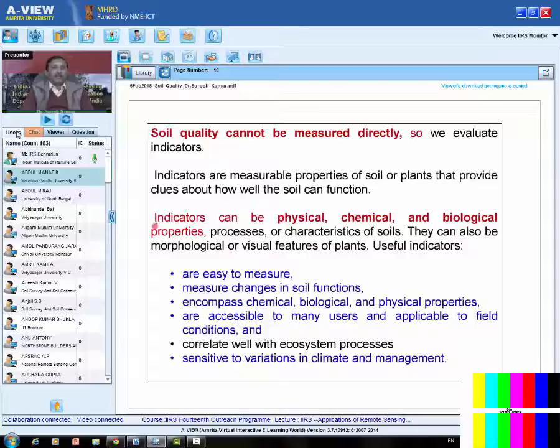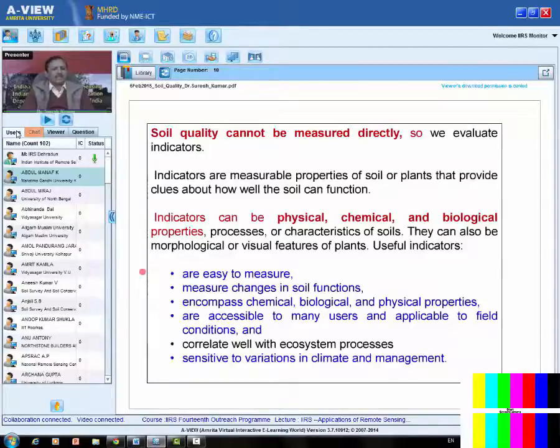Then the question comes, which indicators should we take into account for assessing the soil quality. Indicators can be physical properties, chemical properties, or biological properties. But these indicators should be easy to measure.